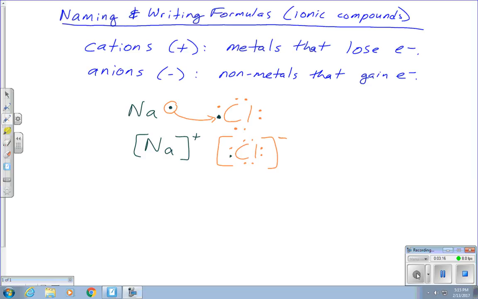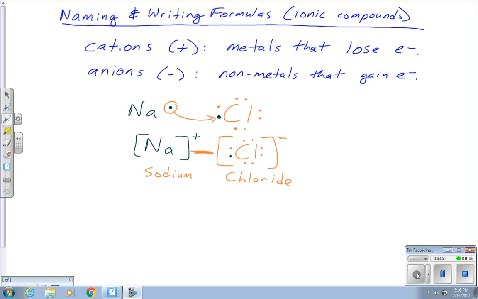Then what happens is, because oppositely charged particles attract each other, opposites attract, the sodium and chlorine, which is now chloride, stick together, and we have a sodium chloride unit, they're called a formula unit.